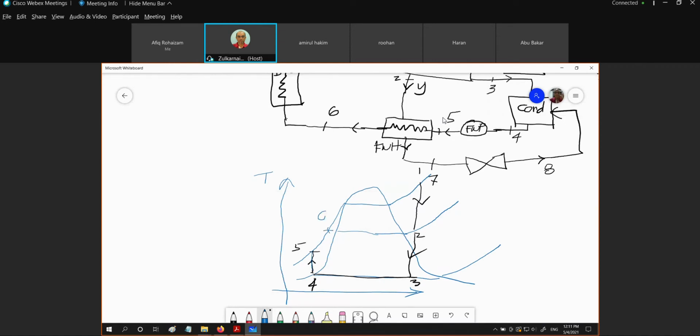And how are you going to plot the 6? You are going to plot the point 6 horizontally the same as the feed water heater temperature. This one. Okay, you are going to put it at the same horizontal level of the T set at this temperature.